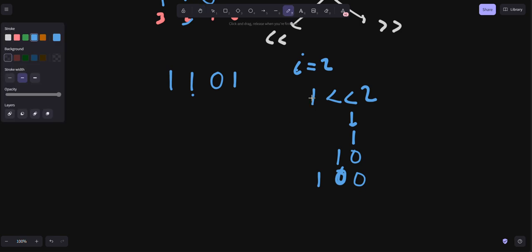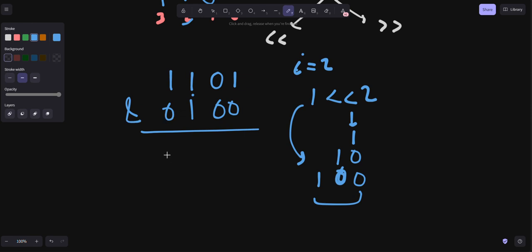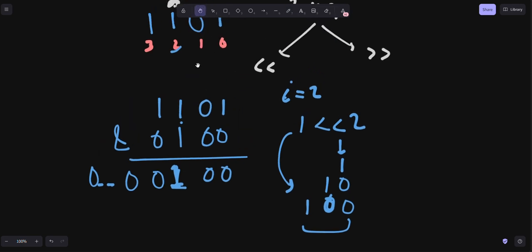Basically if I do 1 left shift 2, this will be my answer, 100. If I use this 1 shifted by 2 with this number and do an AND, I will get 0 0 if the bit is not set, and if it is set I will get 1 at that position and 0 elsewhere. Can you see, I used AND. So why not OR?